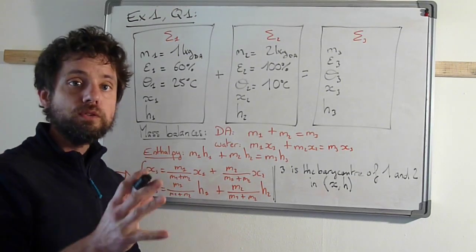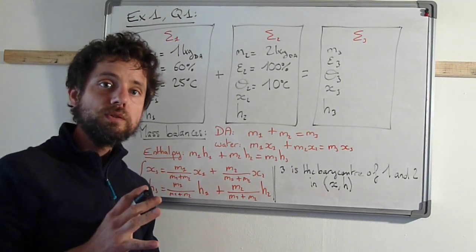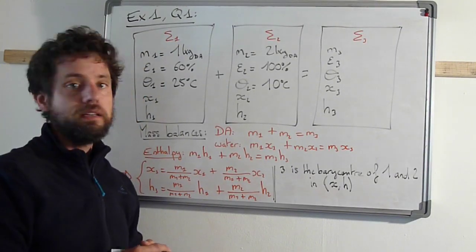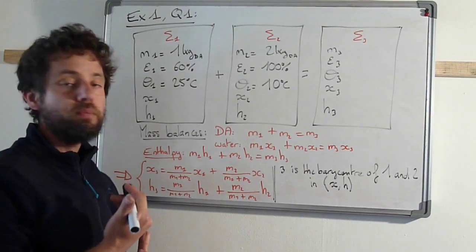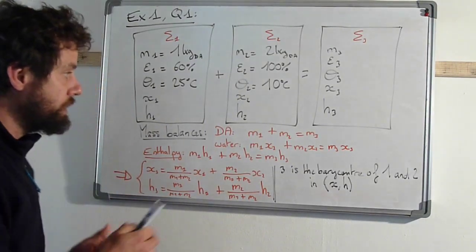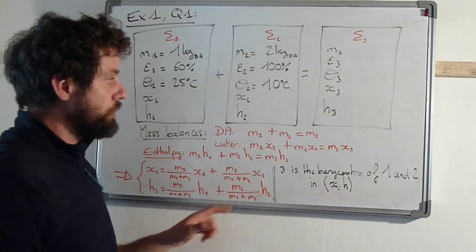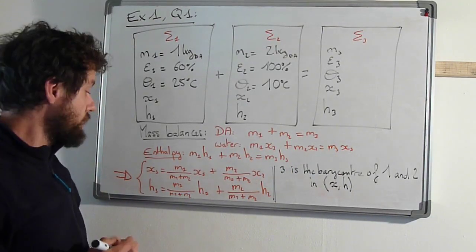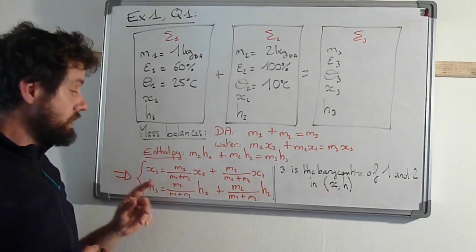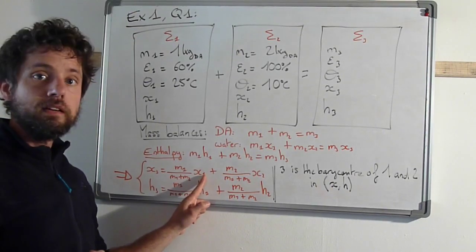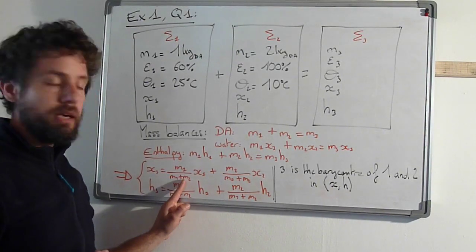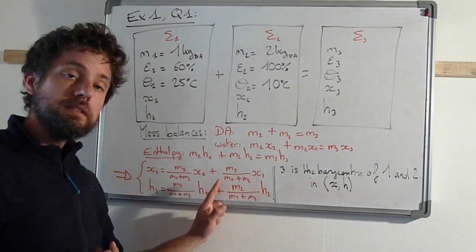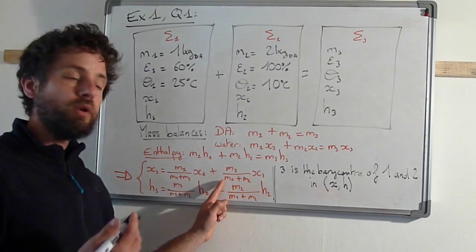However, that's not what we are trying to do here. What we want to do is to solve graphically our problem on the Carrier diagram. So for this reason, we'll go a bit further. We can simplify these three equations by replacing M3 by M1 plus M2, and in that case we can write X3 is equal to X1 weighted by M1 over M1 plus M2, plus X2 weighted by M2 over M1 plus M2.